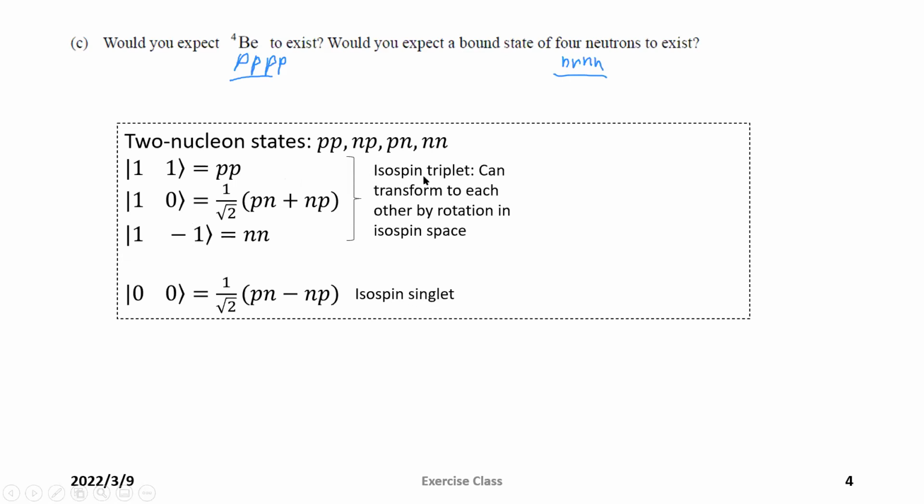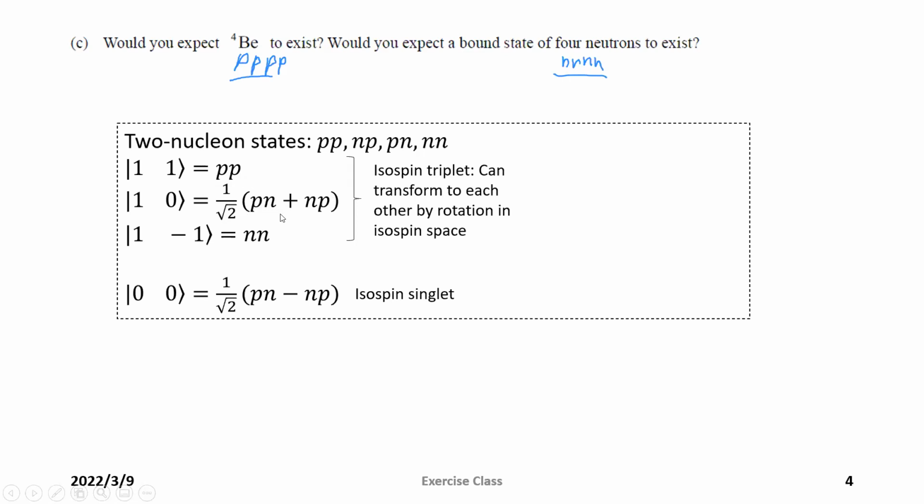The meaning of a triplet is that we can transform each state by rotation in isospin space so that it can transform to other states. That means for PP, we can do some rotations and it will rotate to this state.